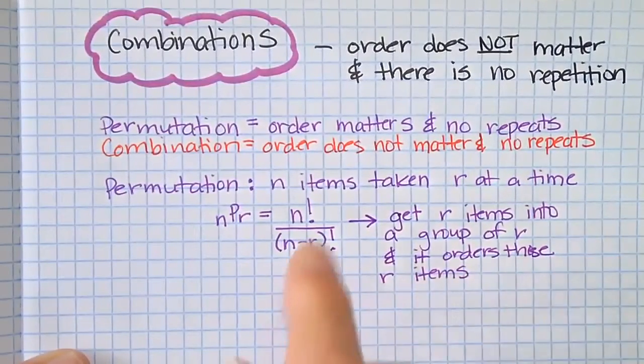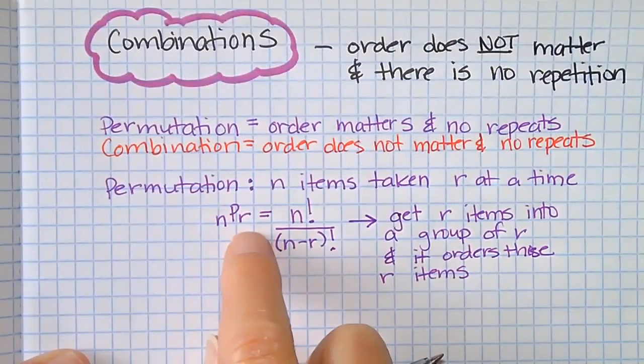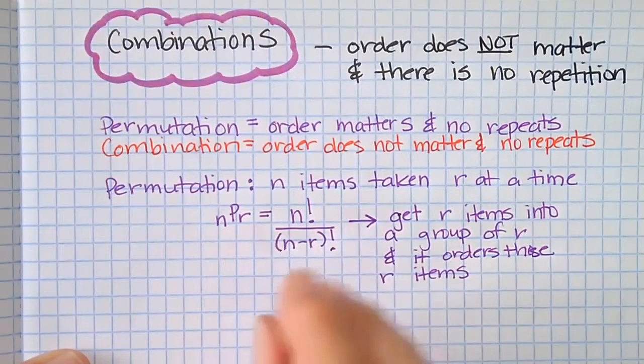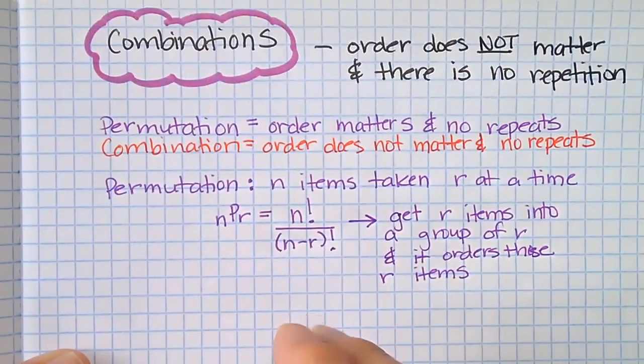Okay, so it wants all the ways we can choose r of the items and get them into groups of r and order those r things.